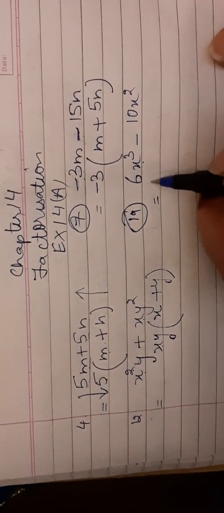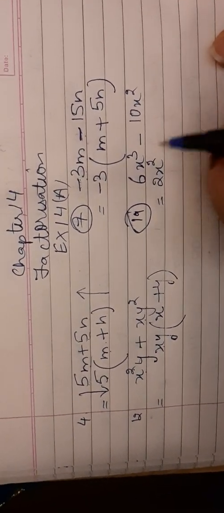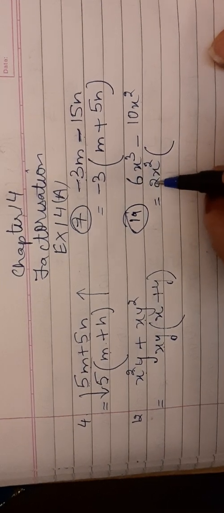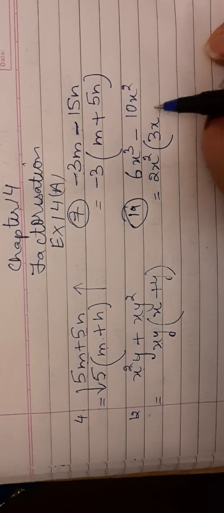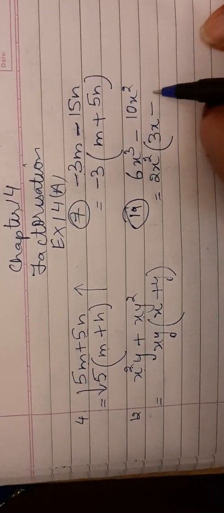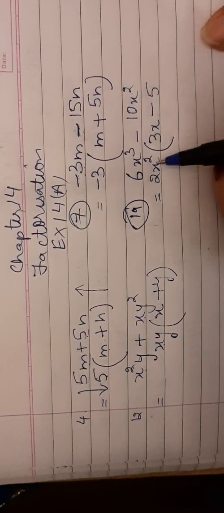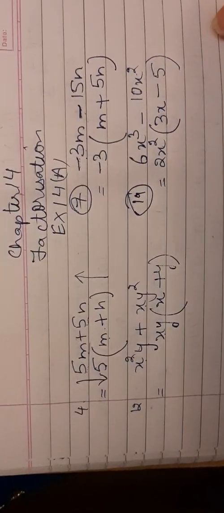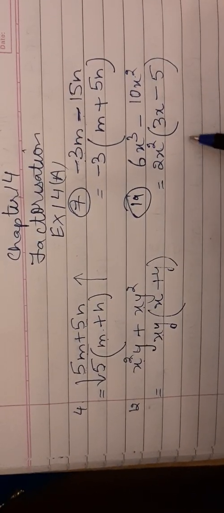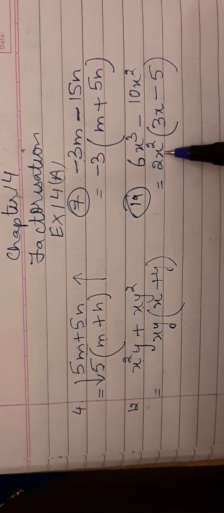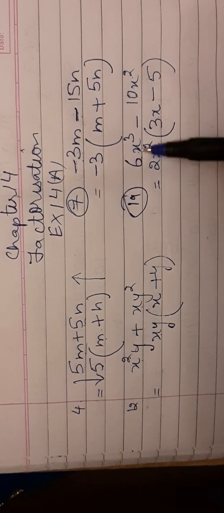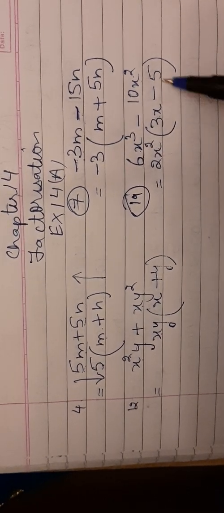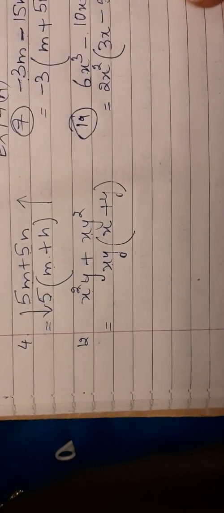So take 2x square common. If I divide 6x cube by 2x square, I'll get 3x, and 10 divided by 2, 5 remains, and the power of x square has already been taken out. Put it within brackets. Now I told you, you can do the rechecking. If I ask you to multiply, it will be 6x cube, you see this is the term, and then minus 10x square. So this helps you to do the checking also.